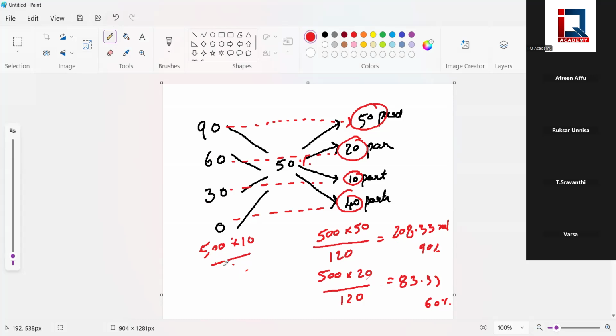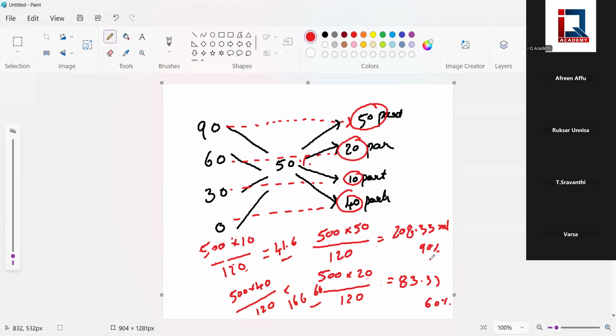So divided by 120 is 41.66 ml. The last one is only 40 parts, so 500 into 40 by 120, which is 166.66 ml.